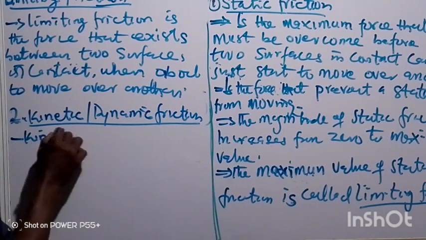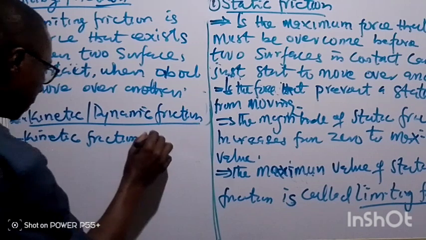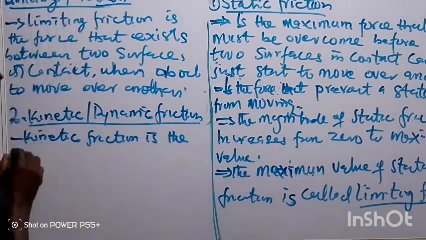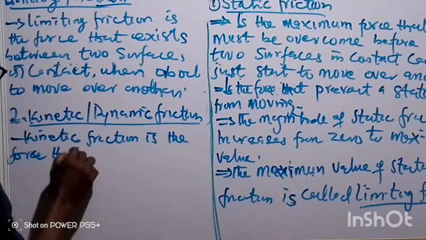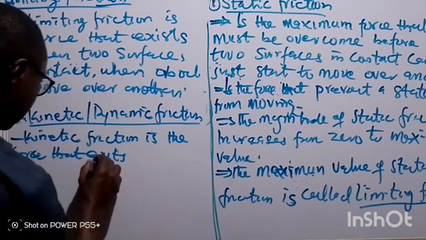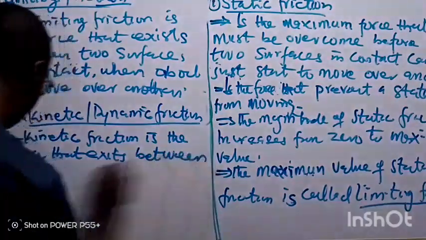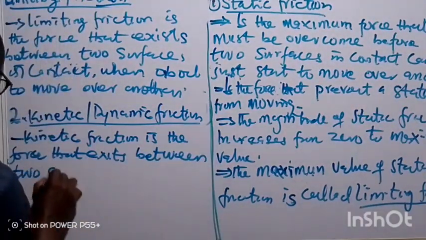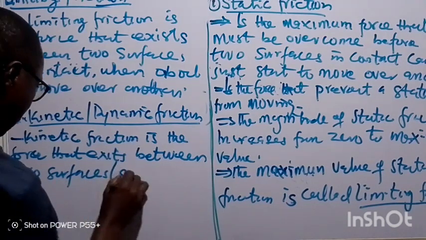Kinetic friction is the force that exists between two surfaces. Don't forget, the two surfaces must be solid.